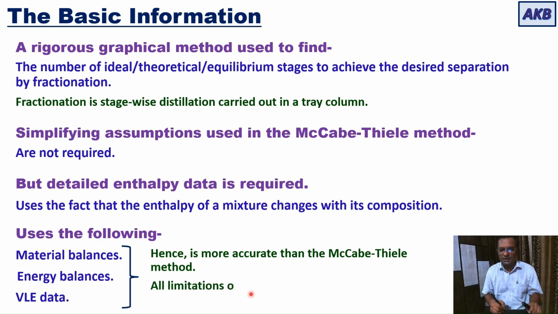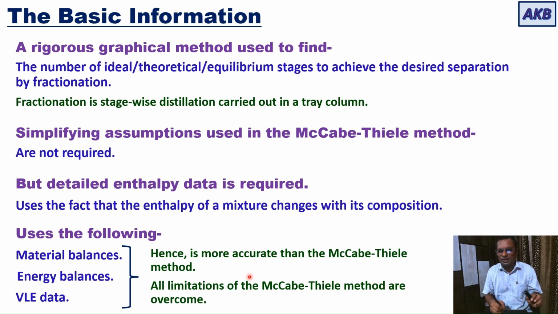All the limitations associated with the McCabe-Thiele method, I have discussed in my previous video. Please watch that. What are the limitations? You cannot use the McCabe-Thiele method when the relative volatility is less than 1.3 or greater than 5. You cannot use it if the reflux ratio is less than 1.1 times the minimum reflux ratio. You cannot use it if the number of theoretical stages is greater than 25.